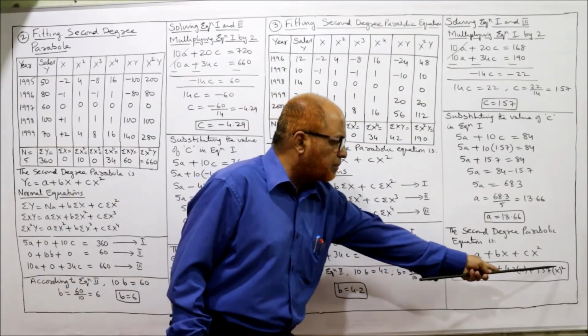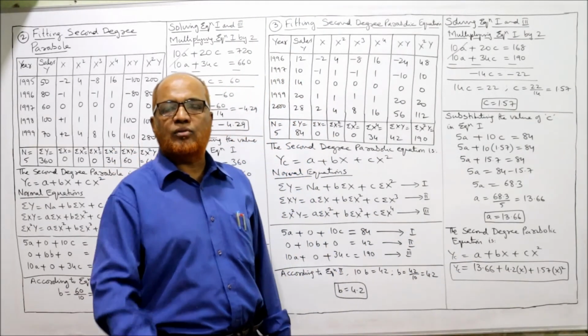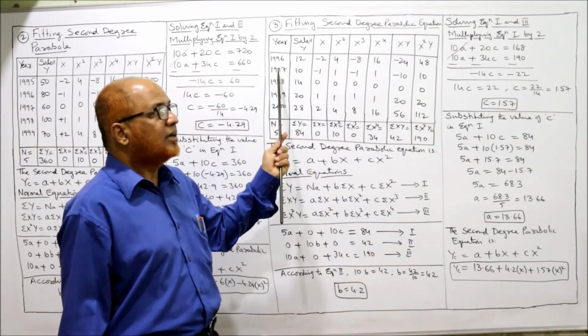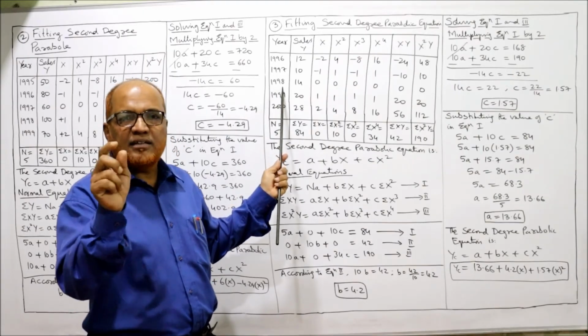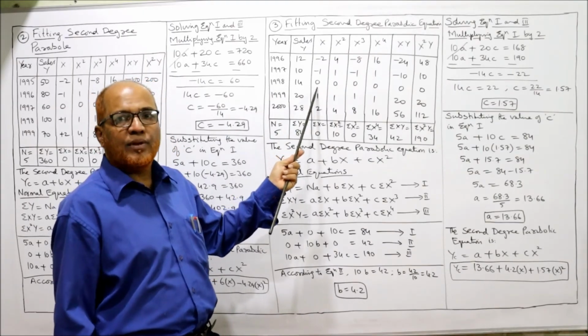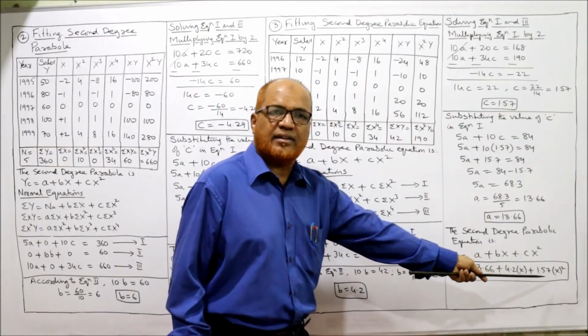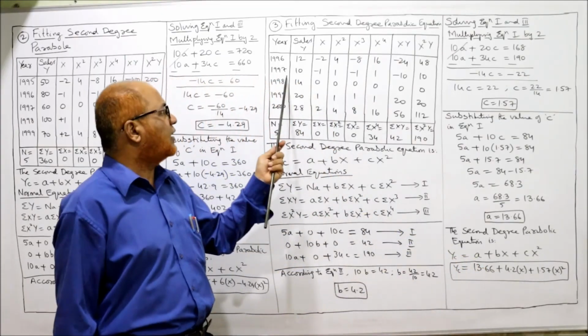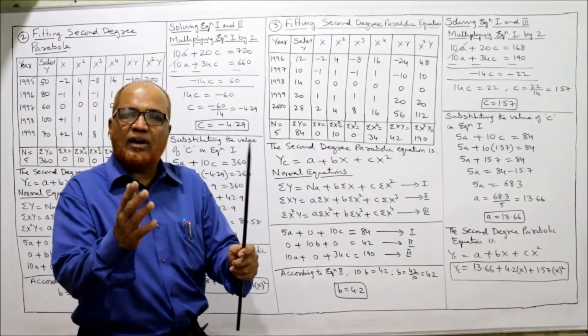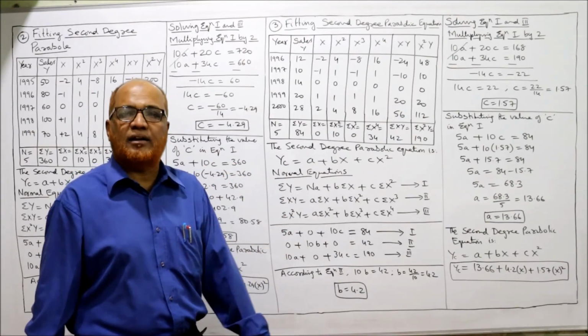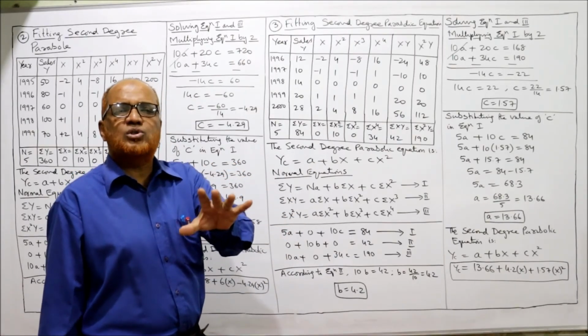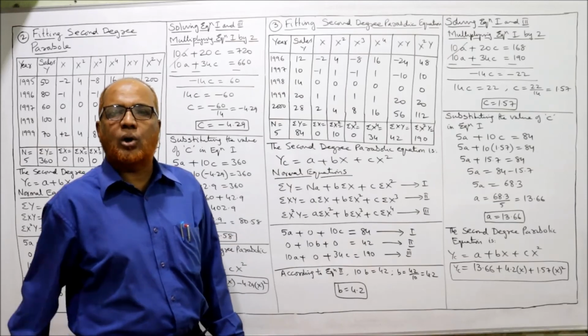Substitute minus 1 in place of x. We will get the trend value of 1997. 1998: the x value is 0. So substitute 0 in place of x. You will get the trend value for 1998. Like that. Already we have done this type of problem in straight line trend. The same procedure, trend values you can get in parabola also.